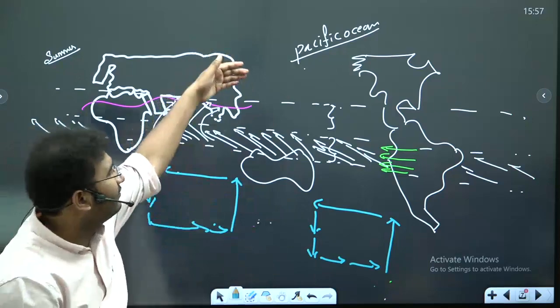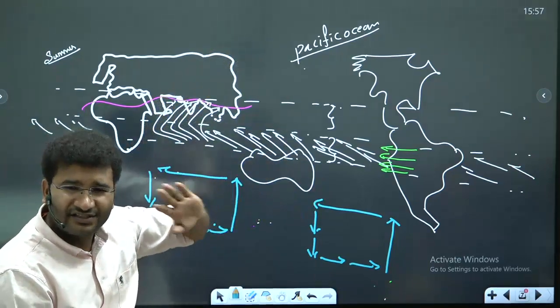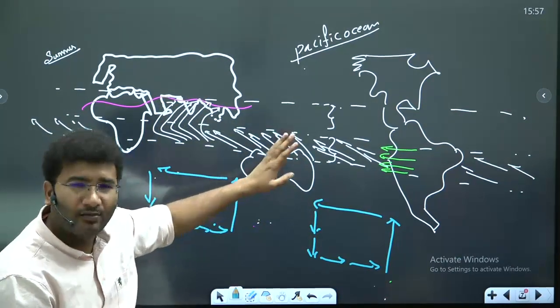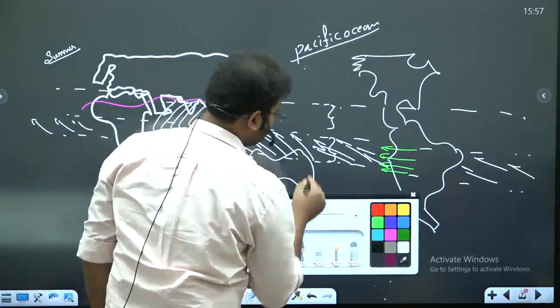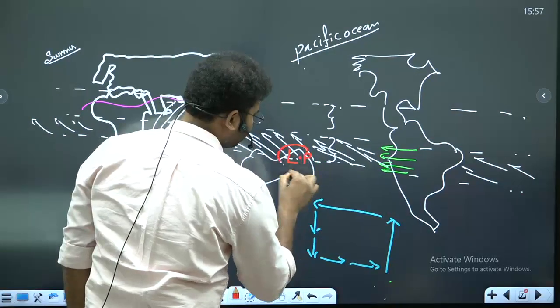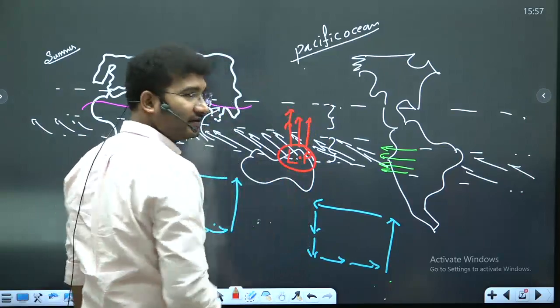Opposite of whatever the weather you have in the Northern Hemisphere, you will have it in the Southern Hemisphere. ये January महीना है, January month में यहाँ पे क्या होता है? Normal time period पे क्या होगा? You will have summer. That means which kind of pressure? Low pressure system. There will be rising of air, right?